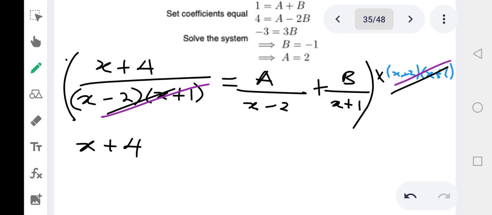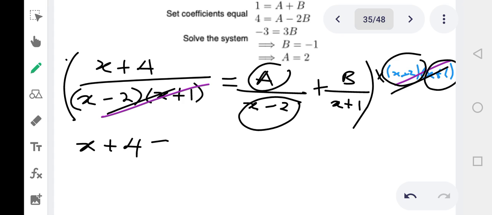You're going to find that x minus 2 will divide, will remain with x plus 1 and a. So is equal to a, open brackets, x plus 1, right? So what I'm simply doing is that this is not completely being divided by that. When I divide this into that, it doesn't mean that this is going to disappear. No. So this, I divide it to that, would remain with x plus 4.